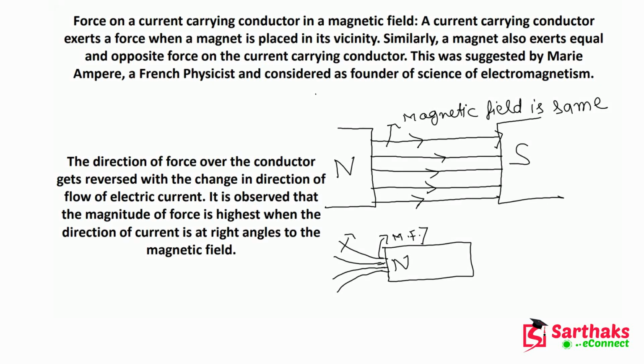Here the magnetic field is lesser, because the field lines are at a distance. But here the distance is the same, so the magnetic field will also be uniform. We will call it a uniform magnetic field.